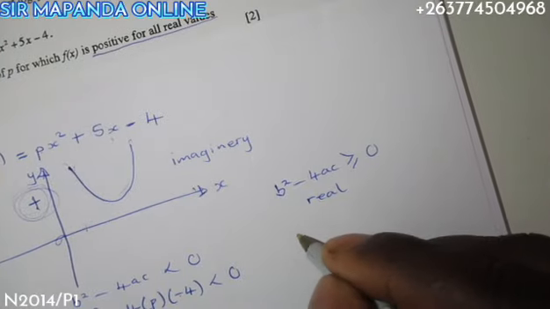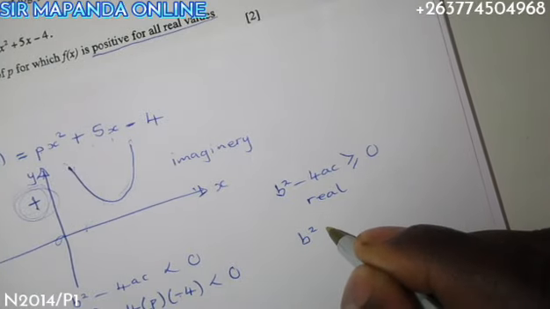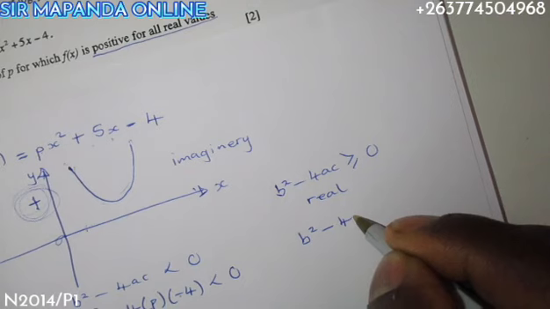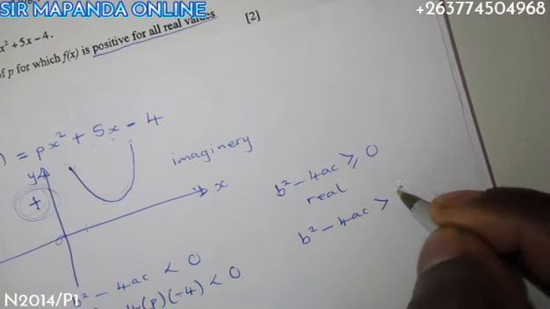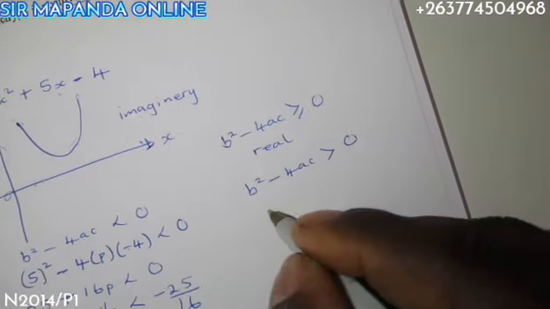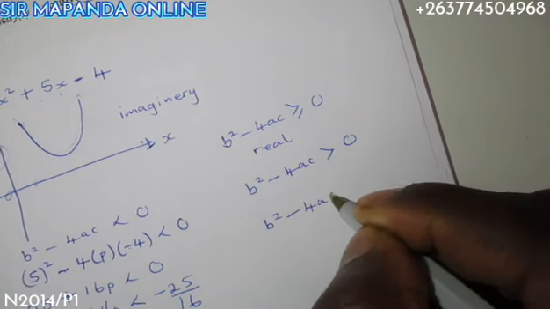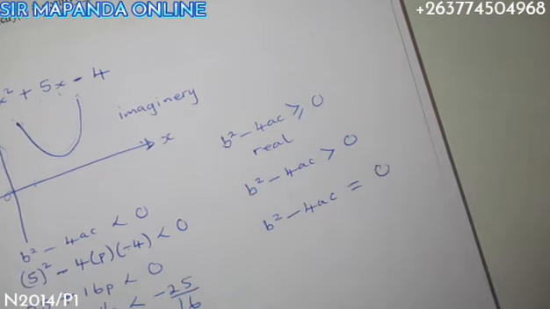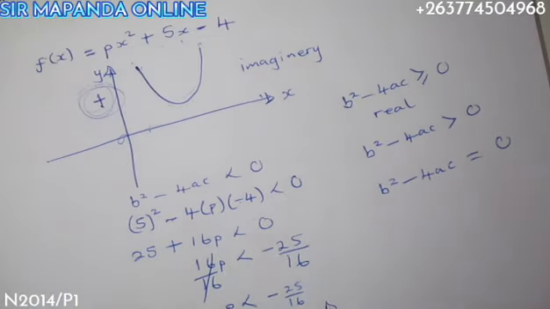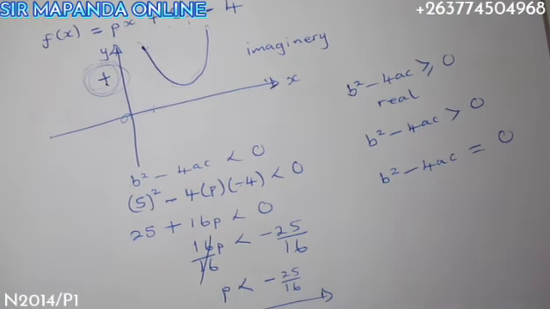Then for distinct and real roots, we make use of b squared minus 4ac is greater than 0. Then if they are perfect double roots or repeated roots, we make use of b squared minus 4ac is equal to 0. But for this one, we use the imaginary one. I hope you are following. Let us move on to part 2 of the question.